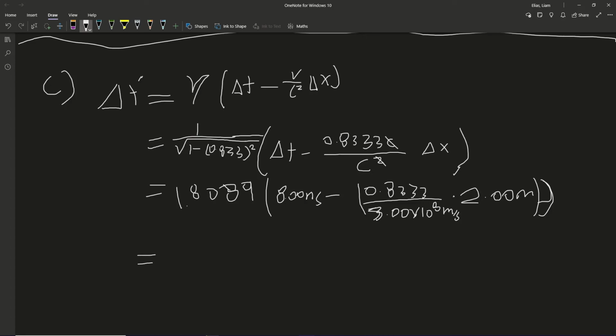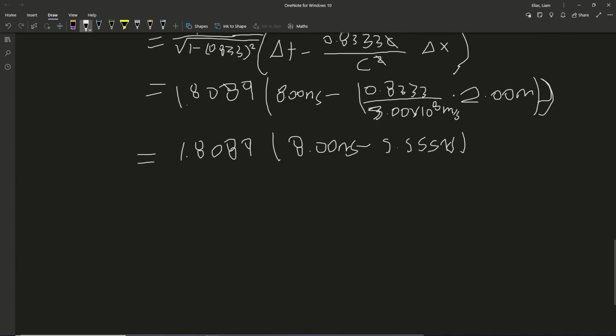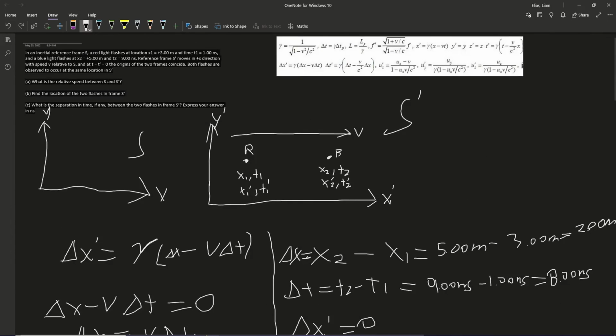But regardless, you'll end up with 1.8089 times 8.00 nanoseconds minus 5.555 nanoseconds. And then from there, it's just easy computation, and you end up with 4.42 nanoseconds for the separation between the two events.